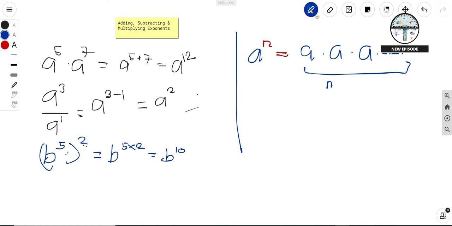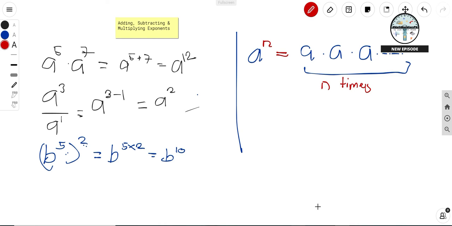That's why it's n. That should be the thing that we remember.